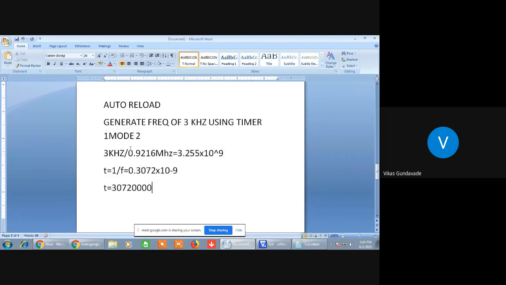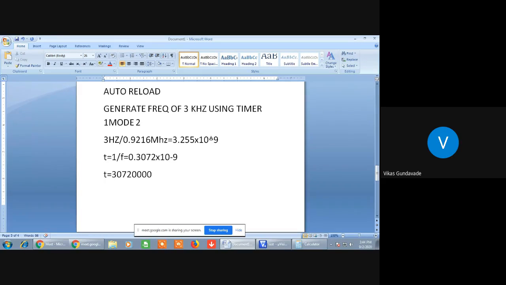So here we will take the frequency in terms of hertz, then megahertz will be in microseconds, 10 to the power minus 9. So t is equal to 1 by 0.3092 into 10 to the power minus 6.